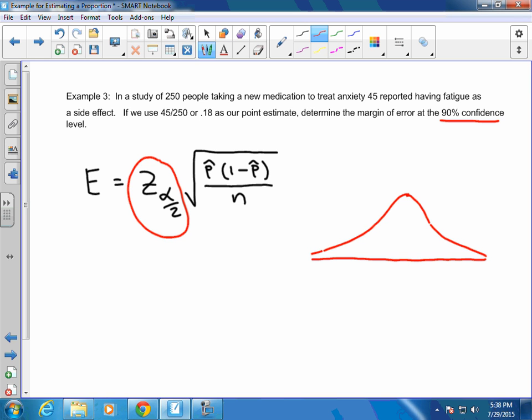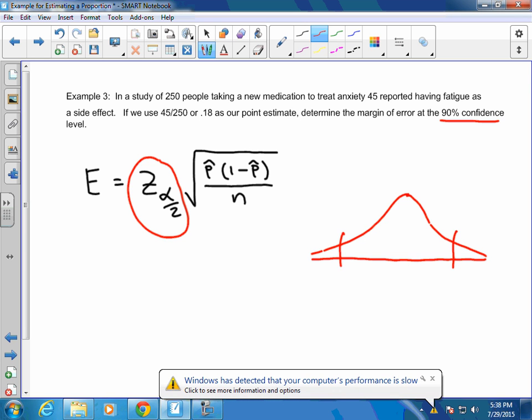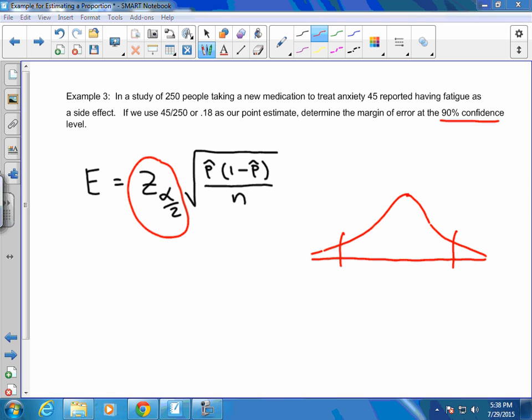So if we look at our normal curve, a 90% confidence interval basically says, let's look at the middle 90% of all the possible values here, which would mean we have 5% up on the right tail, 5% down on the left tail. And I want to find this z-score.